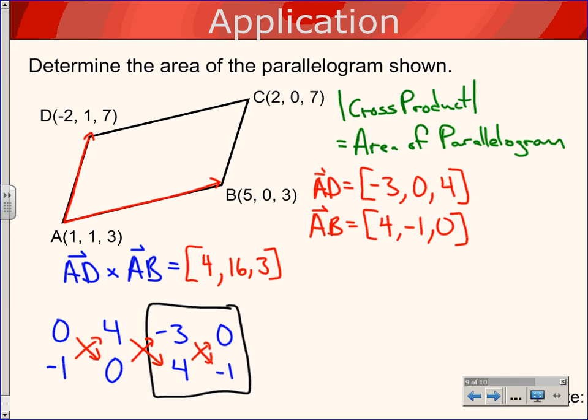Going back up to the top there in the green, it said the magnitude of the cross product is equal to the area of the parallelogram. So the area equals the magnitude of the vector 4, 16, 3. And to get the magnitude of a vector, that was using our Pythagorean theorem.